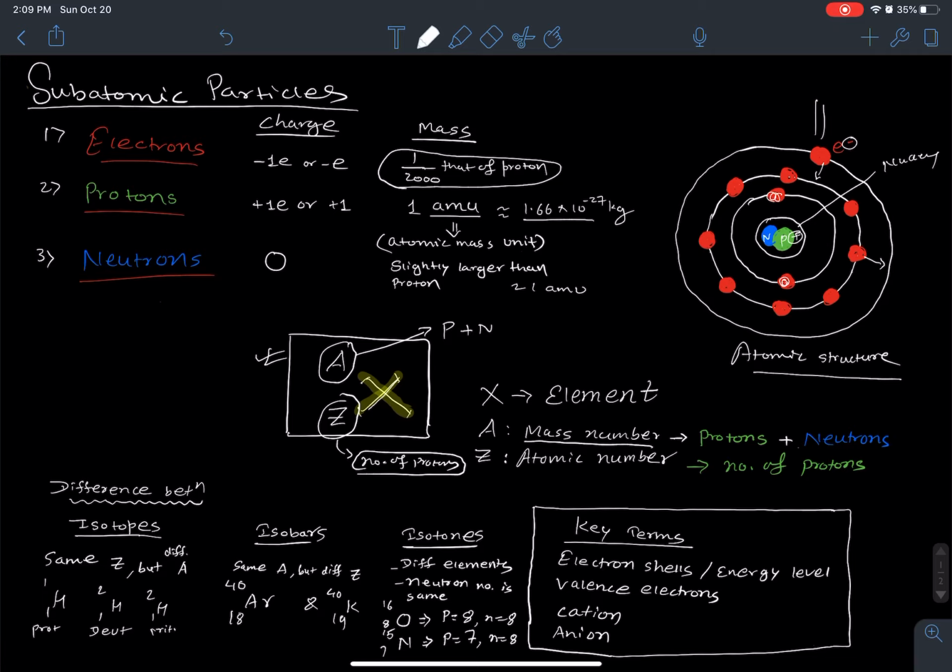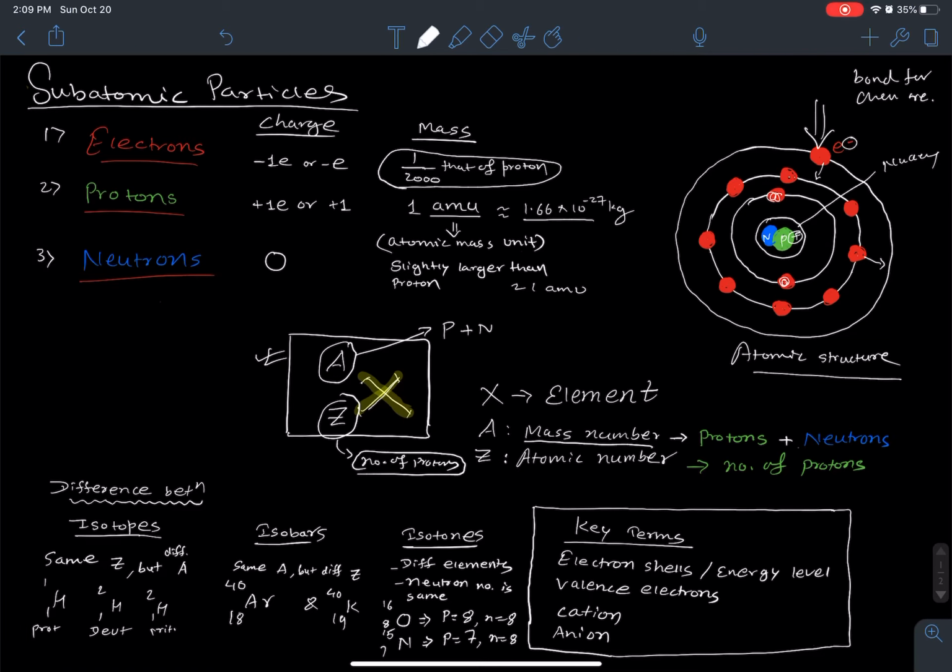They usually participate in bond formation, as well as chemical reactions, and sharing or transferring of electrons. So all of that depends upon the valence electrons.